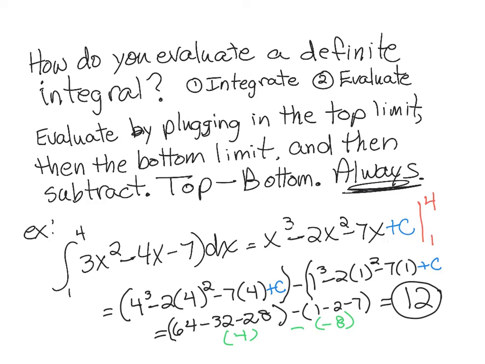But now I'm going to evaluate it. So I'm going to take this top number 4, and I'm going to plug it in for each of the x values. That gives me this. Then I'm going to take the bottom number, the 1, and I'm going to plug it in for each of these x values. That gives me this. And when I have that, notice that I've got a big fat minus sign in the middle, which gets distributed to each of these pieces.